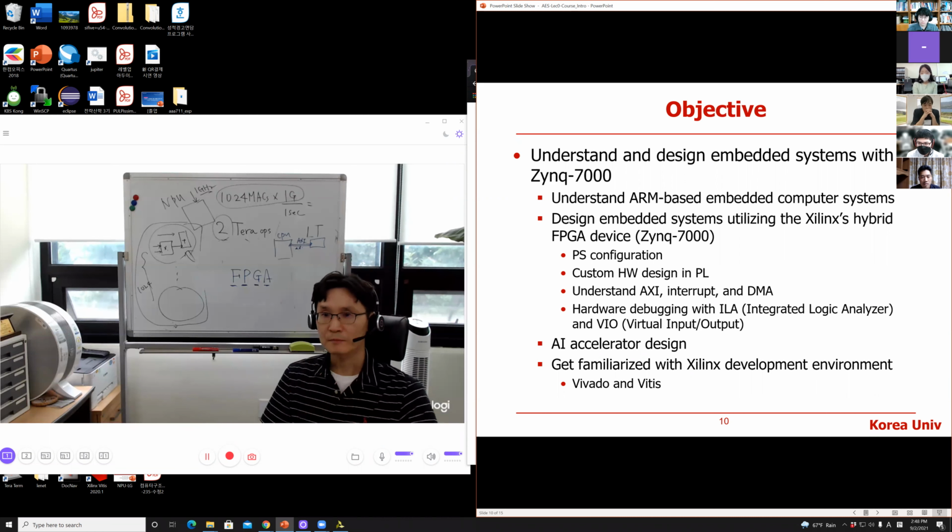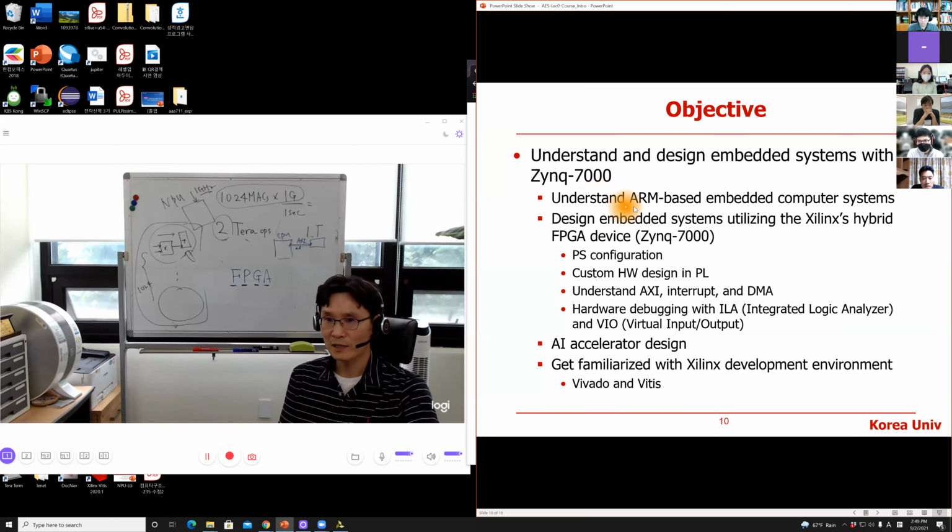Design embedded systems utilizing the Xilinx hybrid FPGA device, Zynq 7000: PS configuration and custom hardware design in PL. Understand AXI, interrupt, and DMA. Hardware debugging with ILA and VIO. AI accelerator design, and get familiarized with the Xilinx development environment, Vivado and Vitis. Those are the objectives in this course.